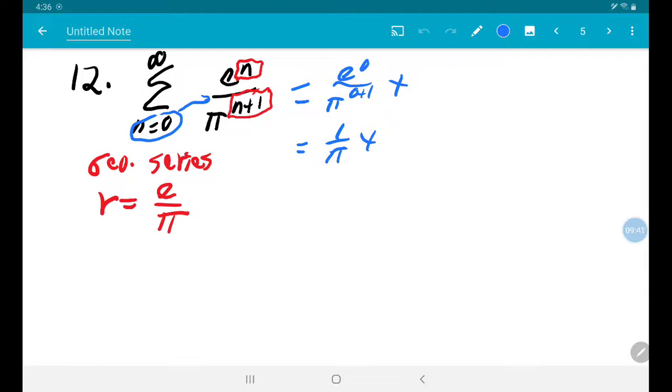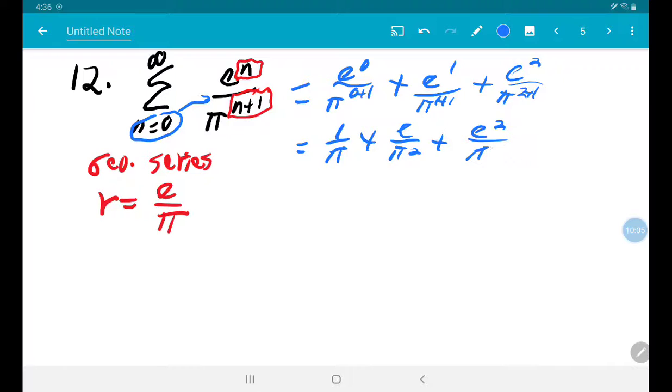That would give me e to the 1 over pi to the 1 plus 1, which would give me e over pi squared. If I plug in the 2, that'd give me e squared over pi to the 2 plus 1, which would give me e squared over pi cubed.